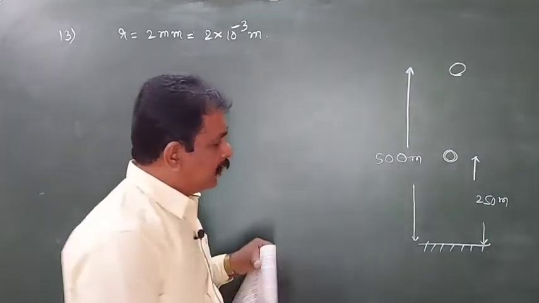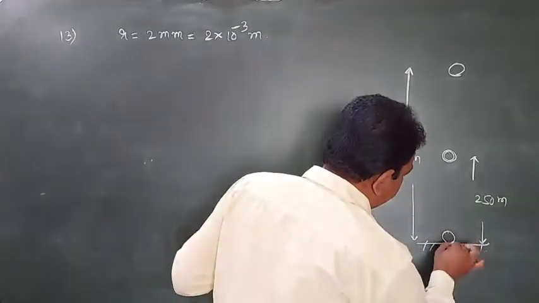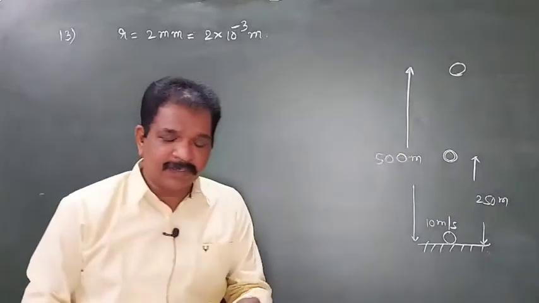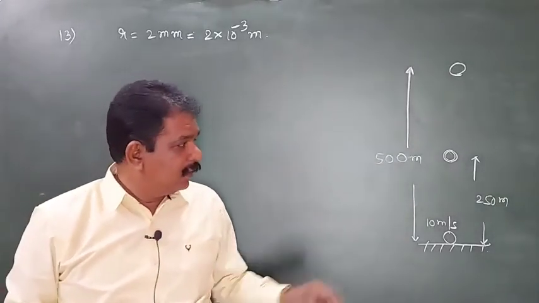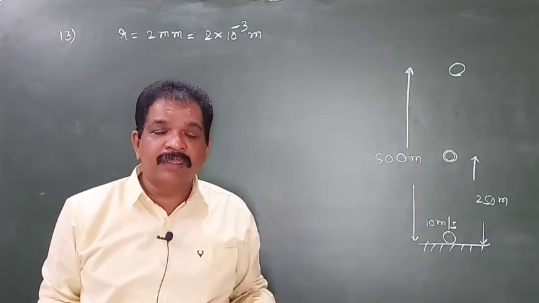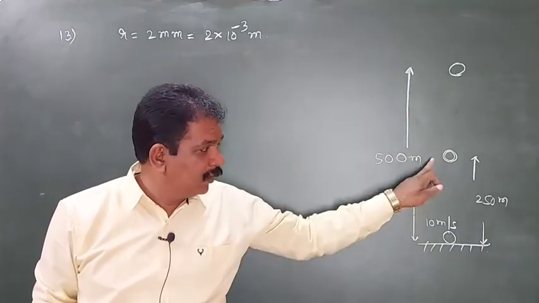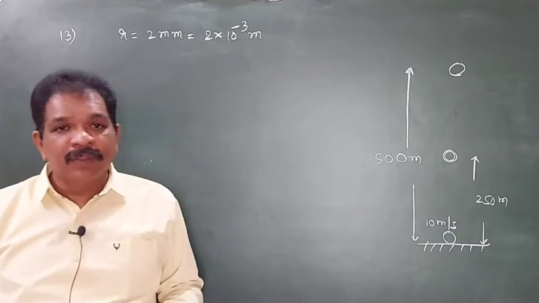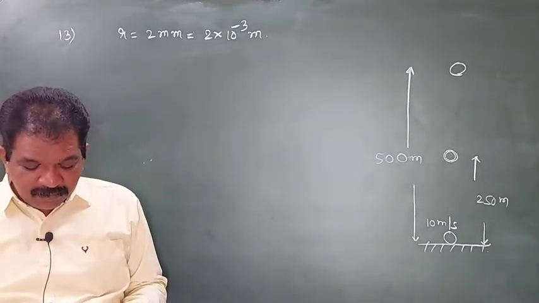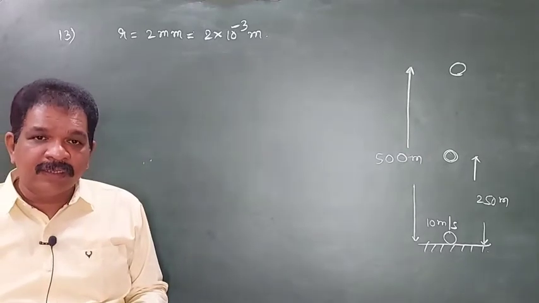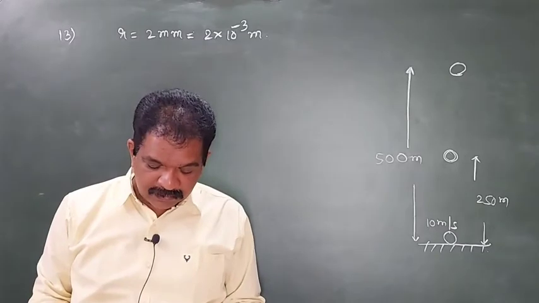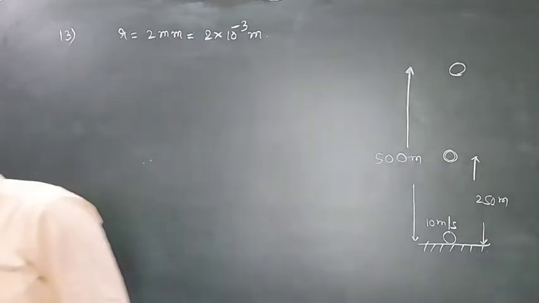And it touched the ground with a velocity of 10 meter per second. Then in the first half, what is the work done by the gravitational force? In the second half, what is the work done by the gravitational force? In the same way, work done by the resistive force is how much? That is the question.